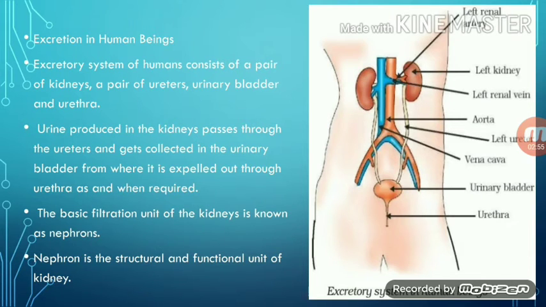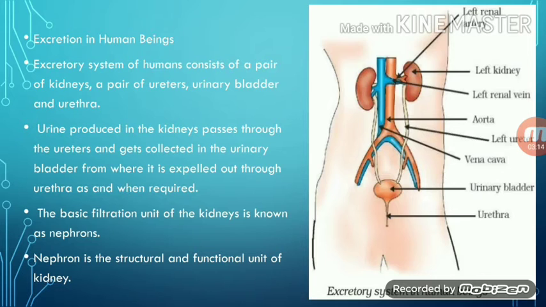As I've already discussed the aorta and vena cava in our circulatory system, these are the elements involved in the process of excretion.